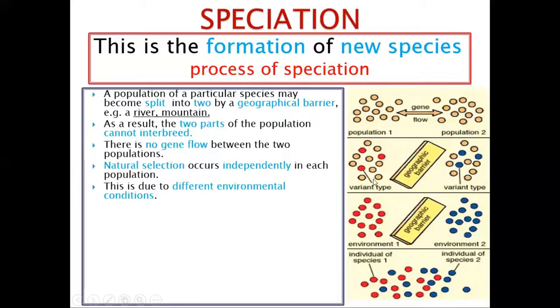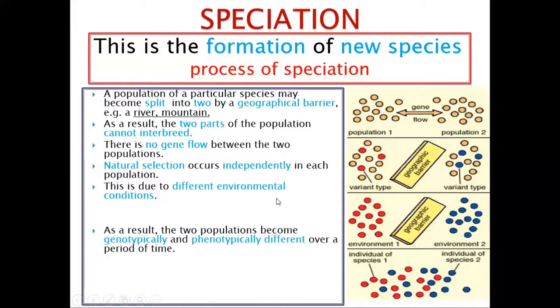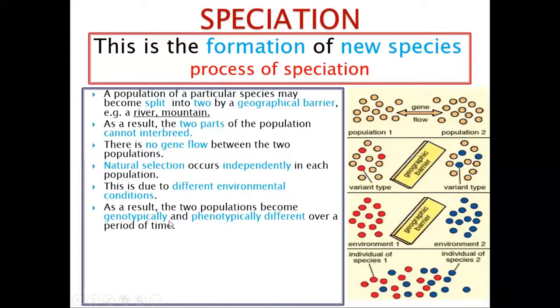The different environmental conditions will result in natural selection occurring independently. And then, as a result, the two populations become genotypically and phenotypically different over a period of time.